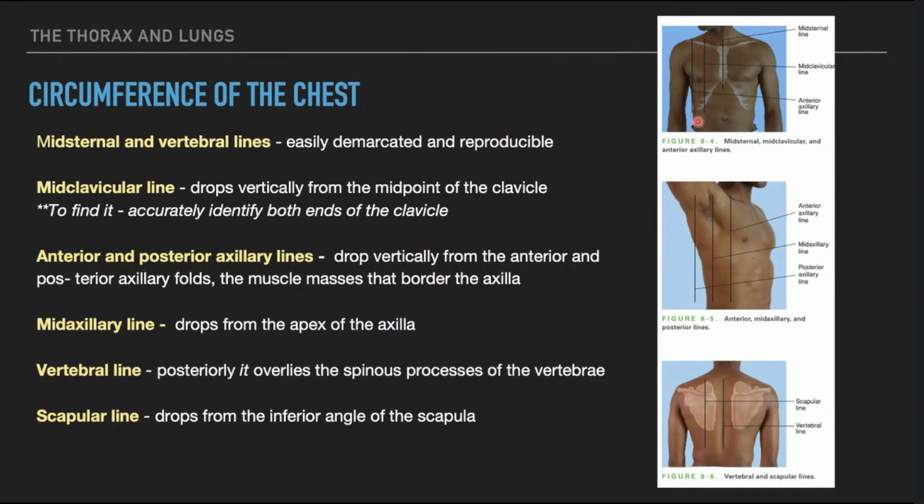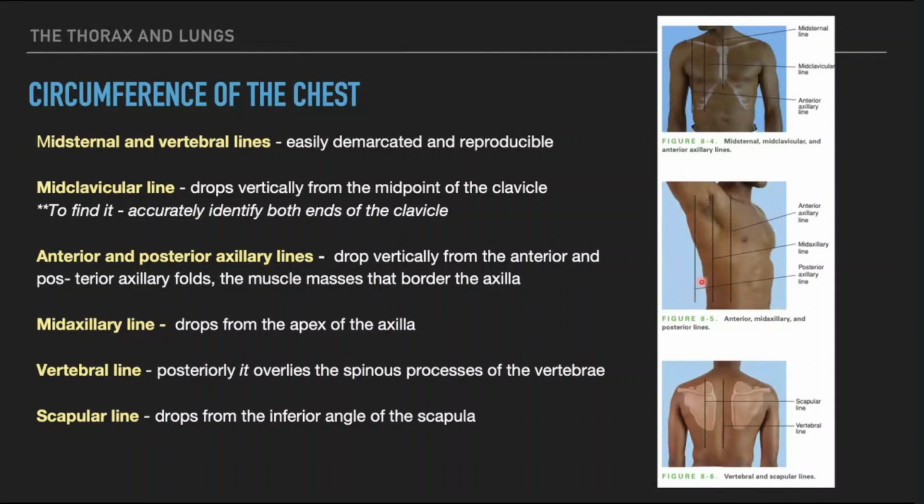To find it, you have to accurately identify both ends of the clavicle, so you know what the middle part is. For your anterior and posterior axillary lines, as seen in this image, these are the lines from the anterior and posterior axillary folds, the muscle masses that border the axilla.